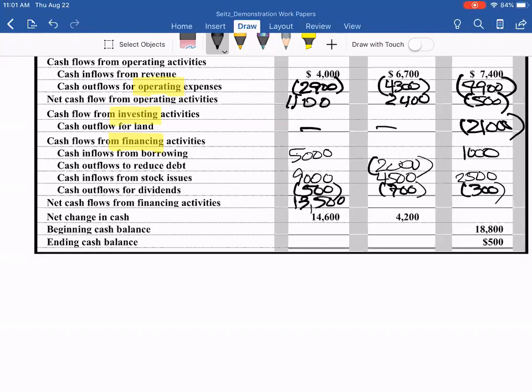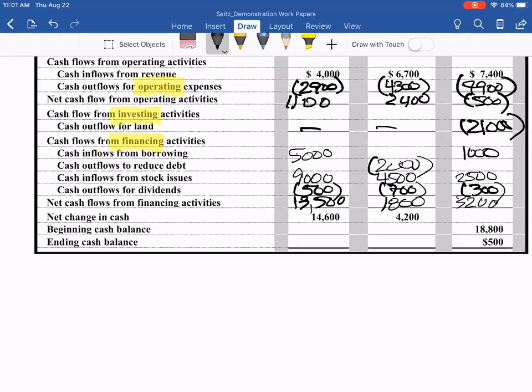Okay, 2,000 plus 4,500 less 7,000. And again, that's a negative 2,000 is 1,800. And then year 3 has 1,000 plus 2,500 less 300. So for financing, year 3 is 3,200.